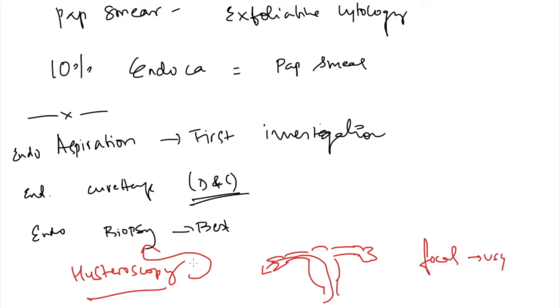Now let us say we are doing the staging. To know to what extent the endometrium is involved, the investigation of choice is MRI. You know to what depth the myometrium is involved, so it will help you in staging, that is stage 1A or 1B.